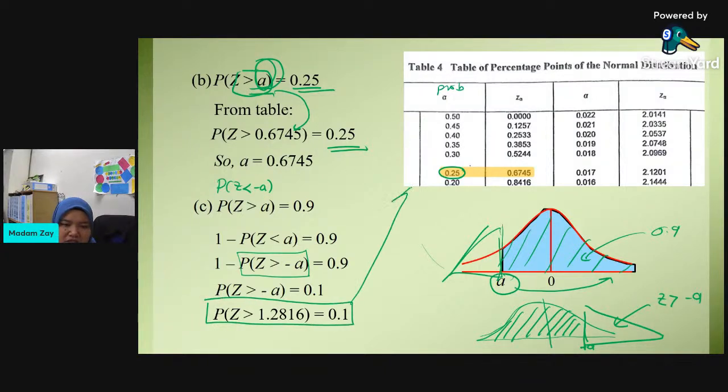So, bila kita compare balik, kita boleh cakap nilai negatif A tu sama dengan 1.2816. So, A sama dengan negative of 1.2816. Logik lah sebab memang A di belah kiri kosong. Belah kiri kosong semua nilai negatif. Okey ke?